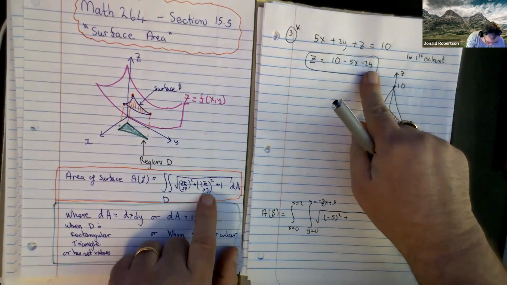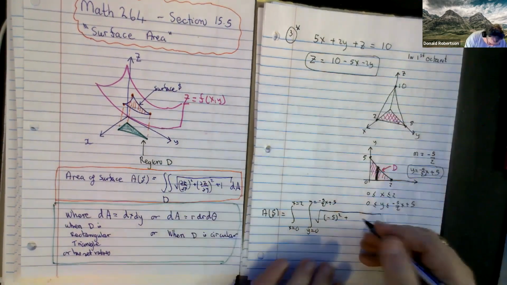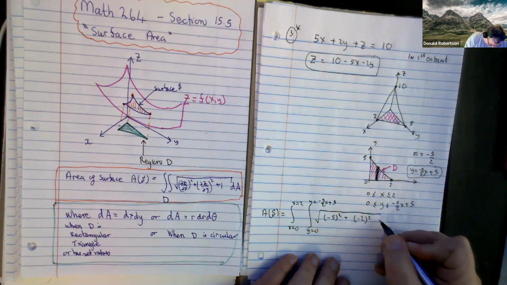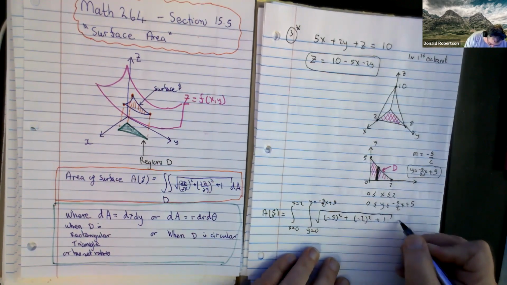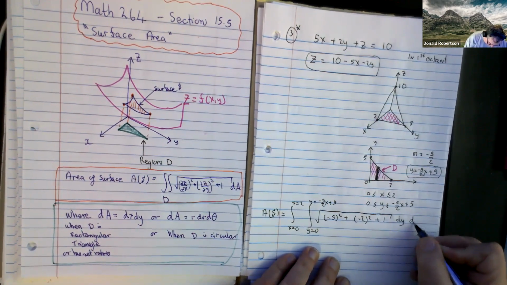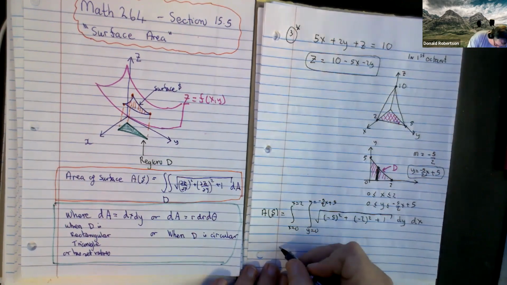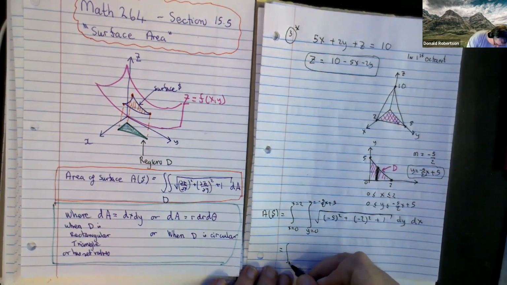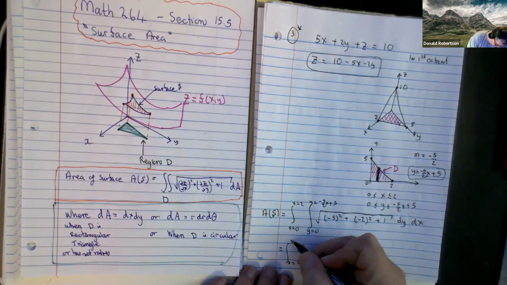If you differentiate z with respect to y, you get -2, plus a 1, do a dy, do a dx. Next line would look something like this.